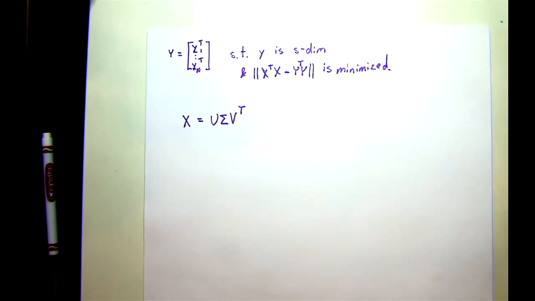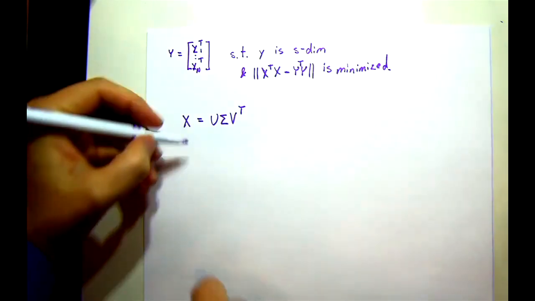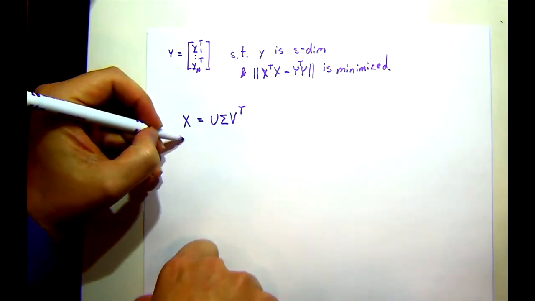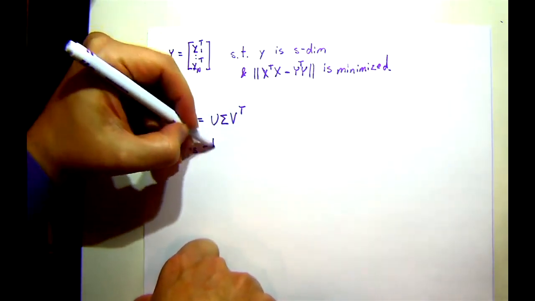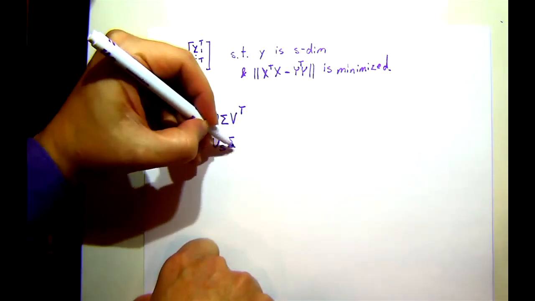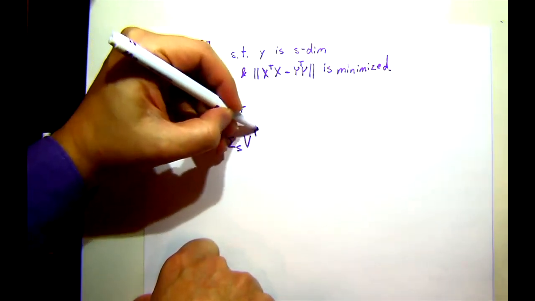If we take all the sigmas, which are basically scaled versions of the eigenvalues, and we zero out a bunch of them, we can get a new data set that is U_S sigma_S V_S^T.